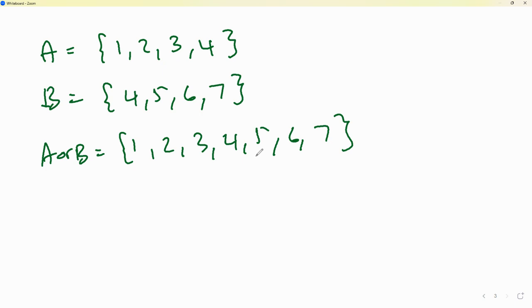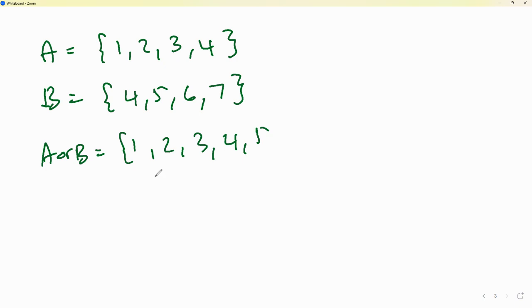You've got two 4s there as well, and I don't need to put two 4s because it's the same thing. It's in either or. So if it's in this one, I just need to add it once. If I take A or B, you can see it's equal to A plus B minus the extra 4.